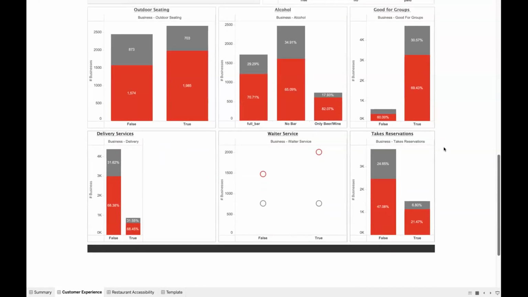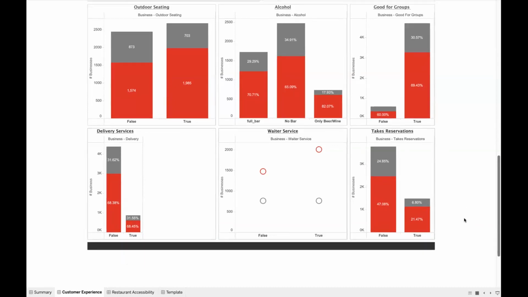Then looking at delivery services, again, they do not matter. Even if delivery service is false or true, both of them have almost the same performance rate, which is 68%. But for waiter service, if they have a good waiter service, the number of businesses which perform well is higher, almost 500 to 600 restaurants with a waiter service perform well.